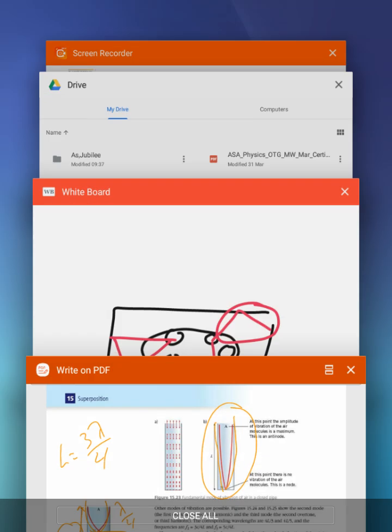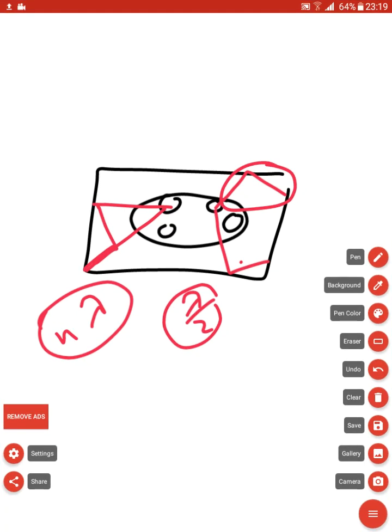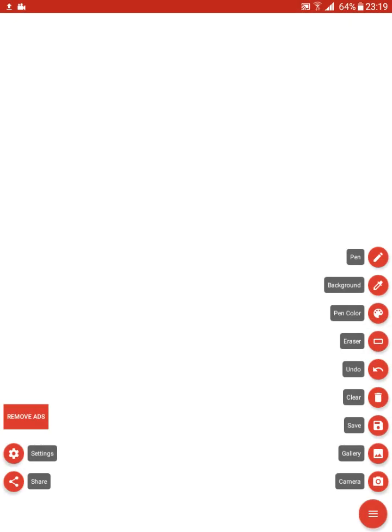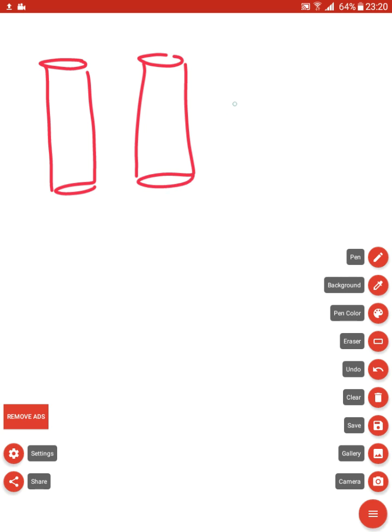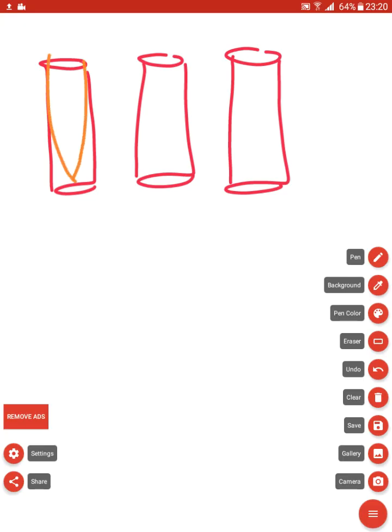Let's draw this shape. Starting, this is an open end, another one, another one.